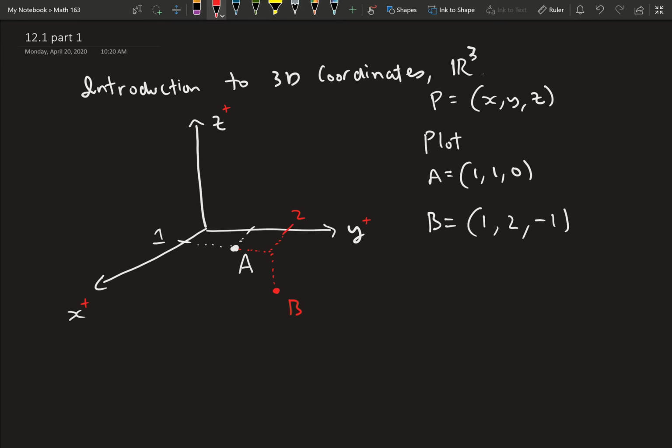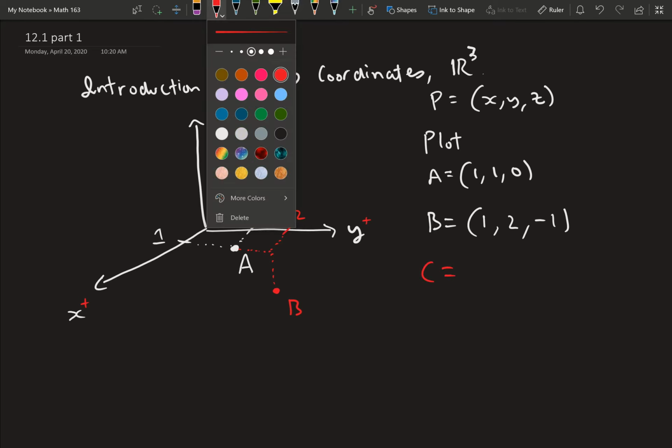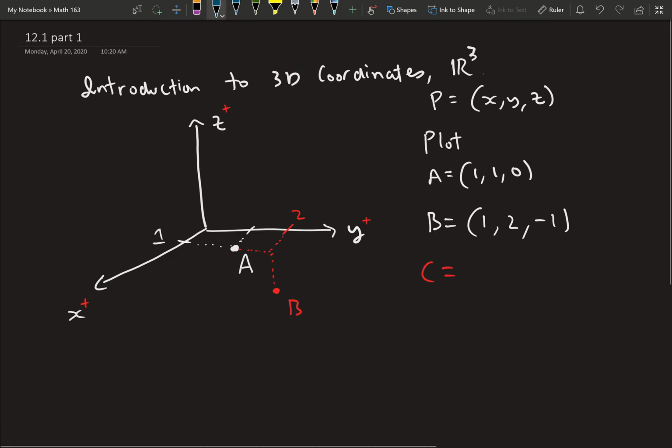Similarly, let's just do one last point here. You could plot some point C, in yet another color. C is the point, say, (0, -2, 4).